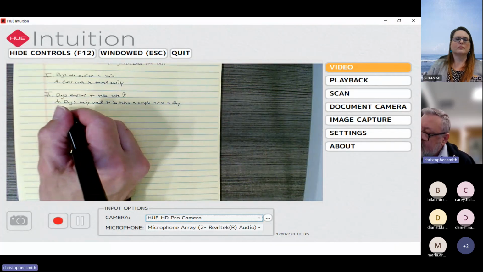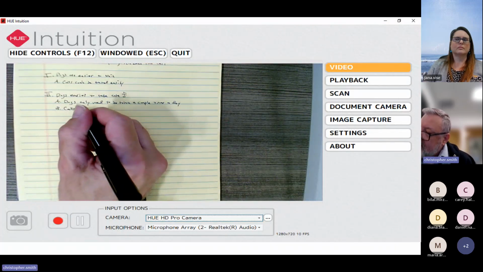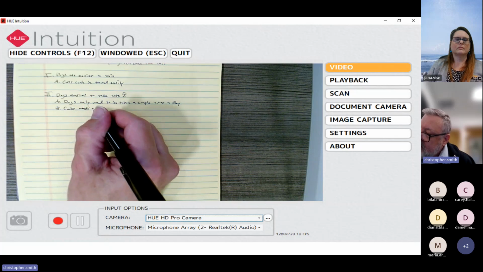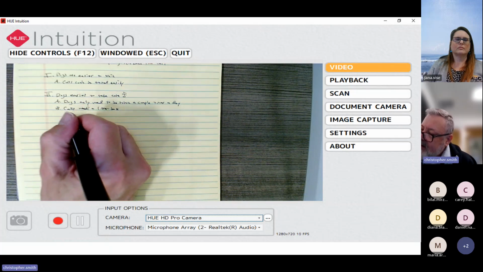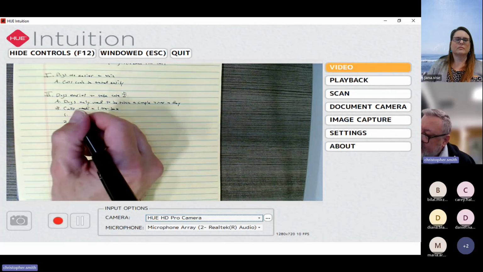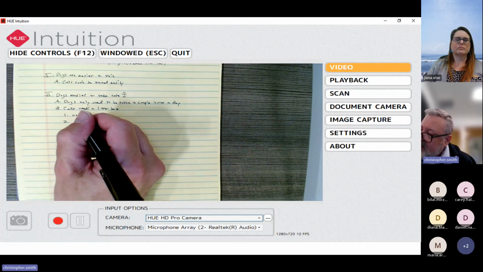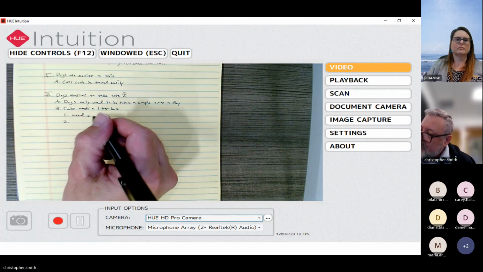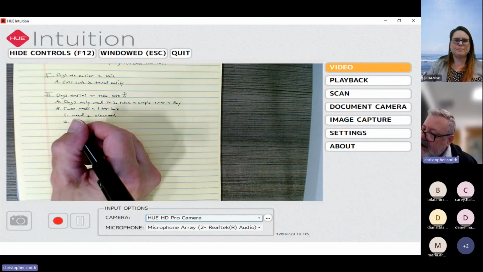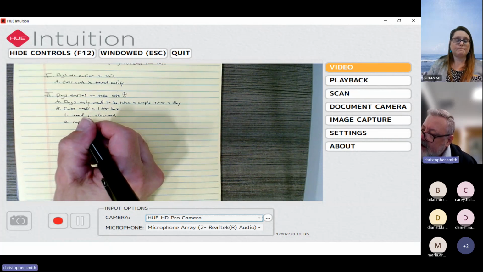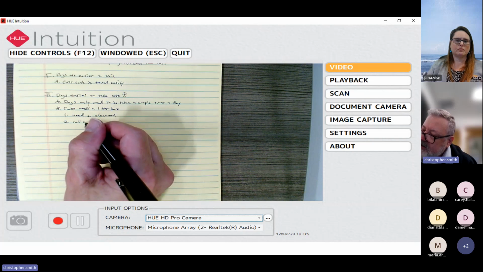Whereas cats need a litter box. And then we might add the little details that litter boxes need to be cleaned, and the cat can track litter all over the house.